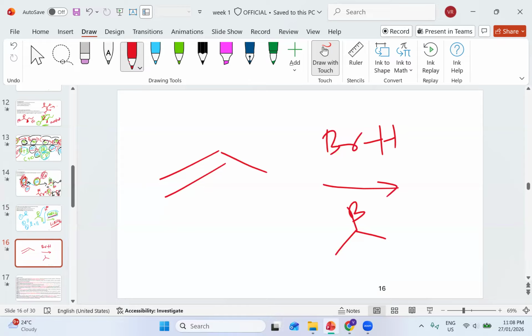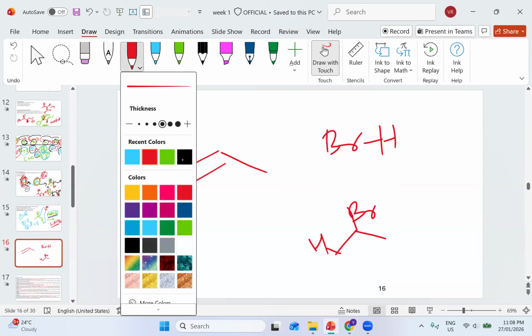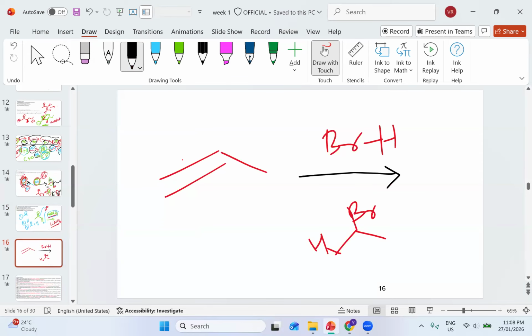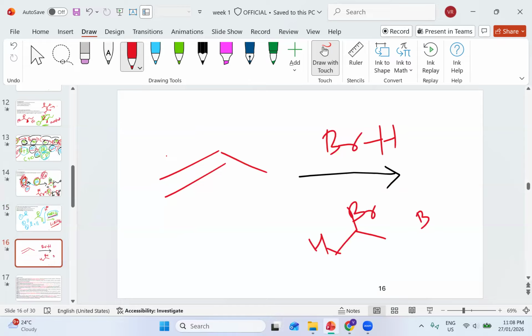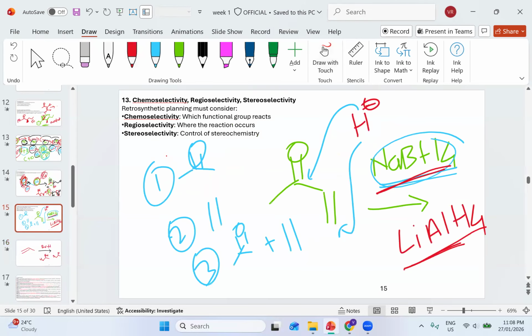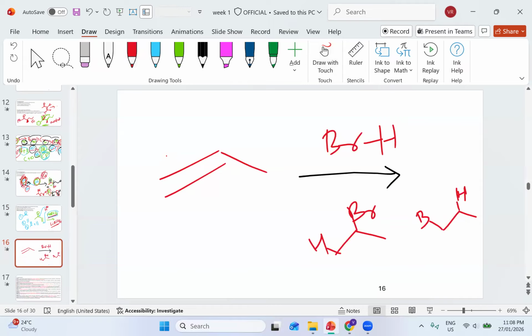The bromine will be here and the hydrogen will be here, or what is another option? The bromine can be on the terminal, and the hydrogen will be here. The selectivity between these two will be the regioselectivity.